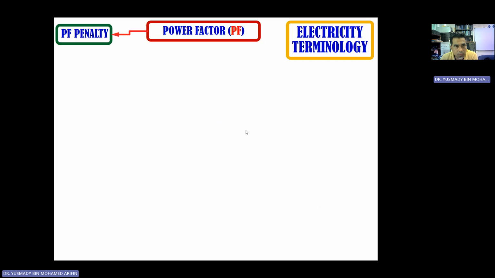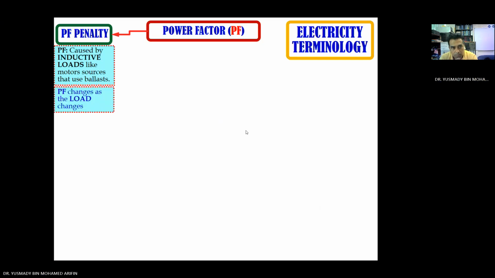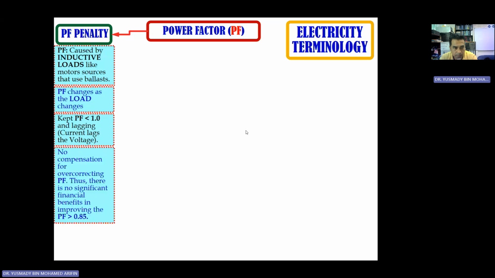Okay, so continuing with the power factor penalty. Poor power factor is caused by inductive loads like motors and lights that use ballast. PF changes as the load changes, and normally we need to keep the power factor less than 1.0 and also lagging, where lagging means the current lags the voltage.